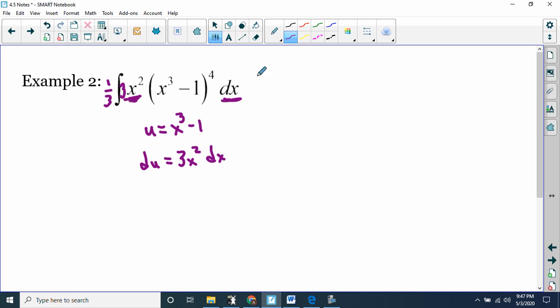Now we want to rewrite in terms of u. So the 1/3 is coming down. 3x squared times dx is all equal to du. So all that stuff I circled is built into this du right here. And then I've got x cubed minus 1 to the 4th. x cubed minus 1 is the same thing as u.